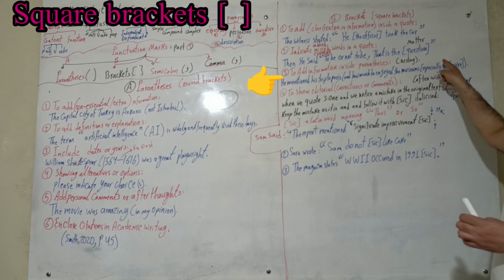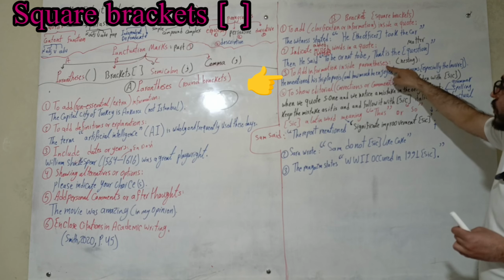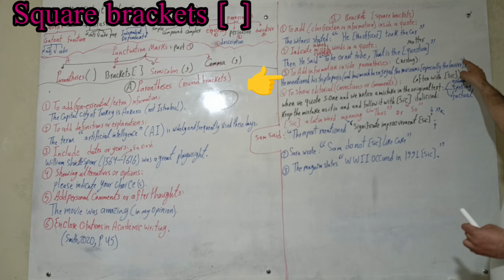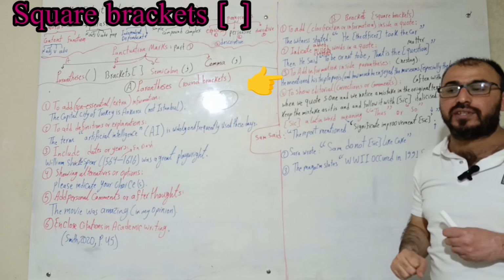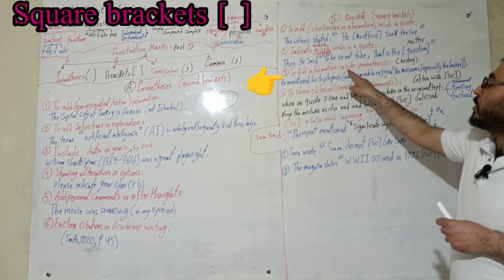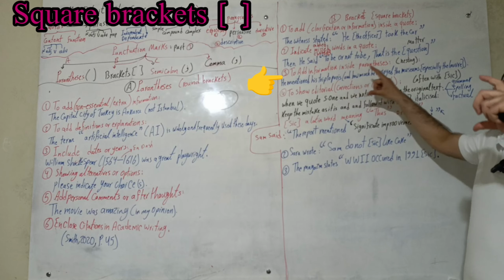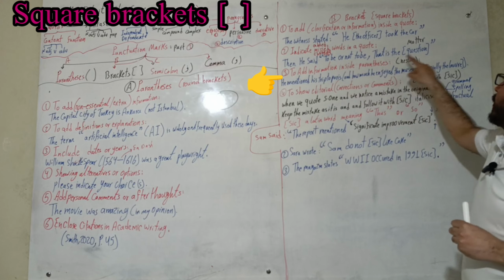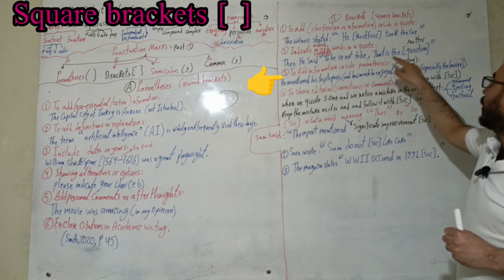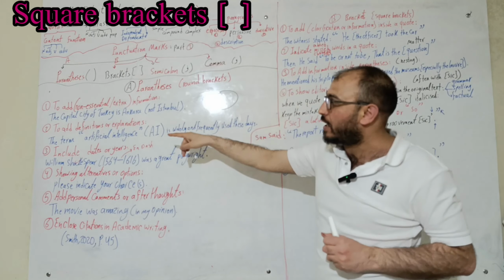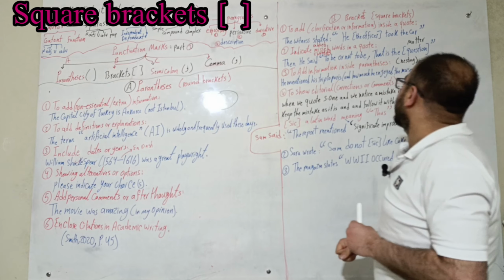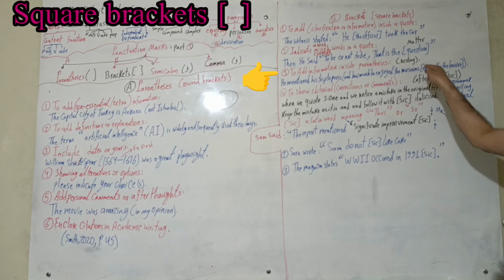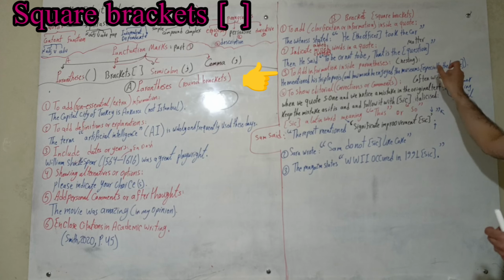Here, my friends, this is an explanation of the previous sentence. So let's say the general or main explanation is put into parentheses, as we said before, essential or definition. Here, extra information is put into the square brackets.